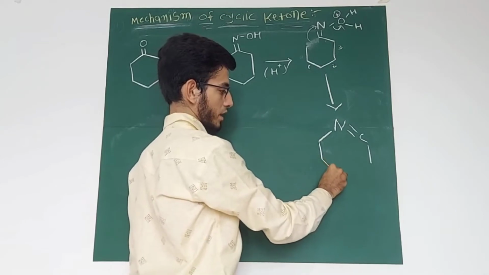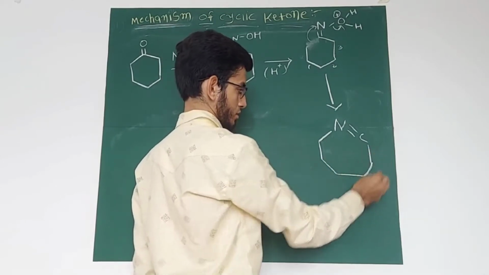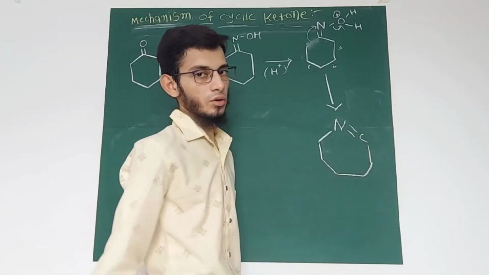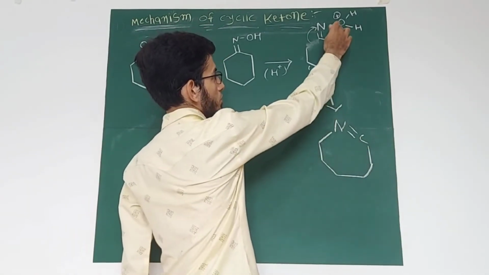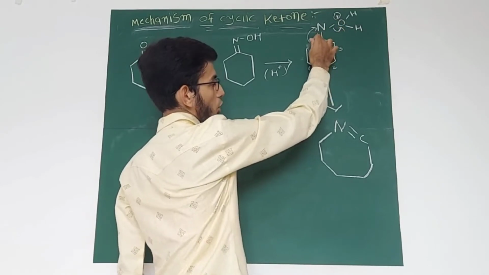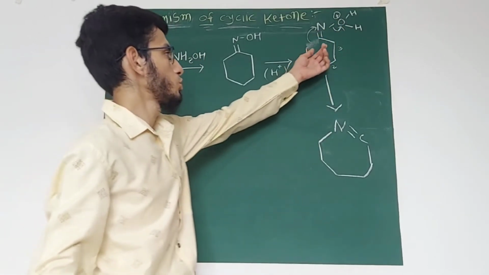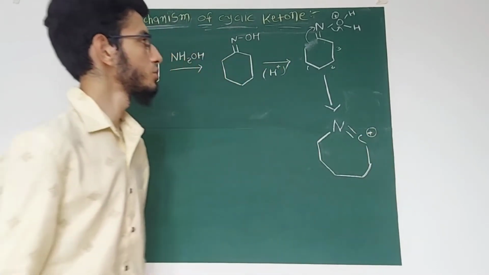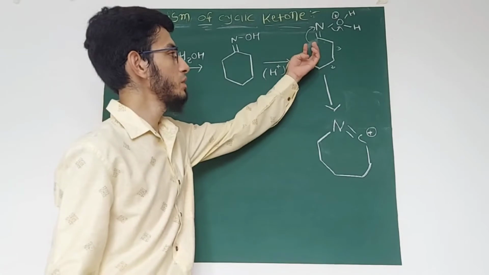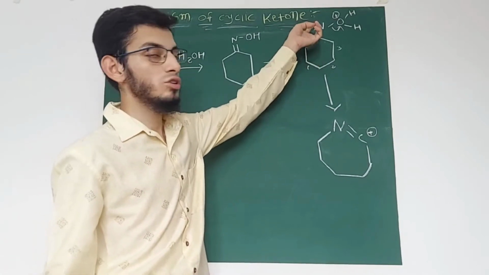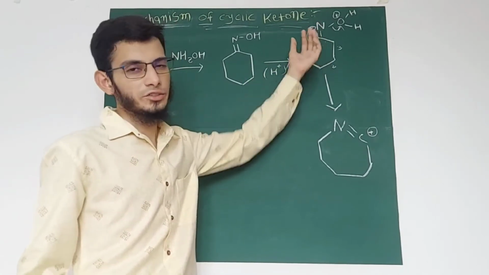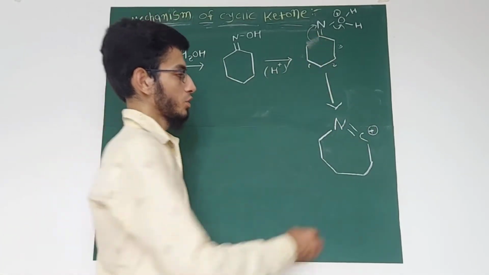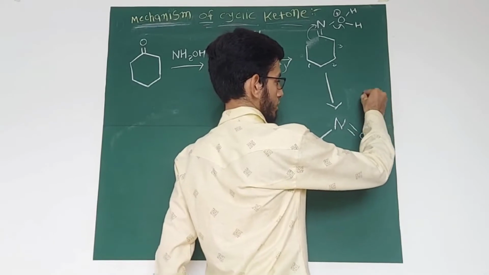So I am writing like this: a 7-member ring. Here the bond breaks, so this carbon will get a positive charge, because this bond will migrate to the nitrogen by taking both the electrons, so the carbon will get a positive charge.